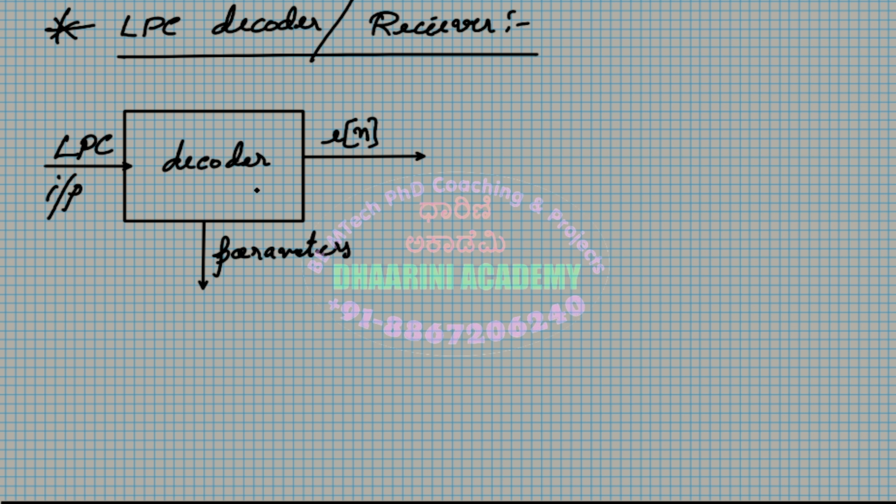It is simple, because previously the encoder's inputs were e of n and the parameters, so the decoder should do the reverse job and generate e of n and the parameters. Recall where the parameters were used earlier: in the synthesizer. So I'll give these parameters to the synthesizer again. So this is the speech synthesizer.